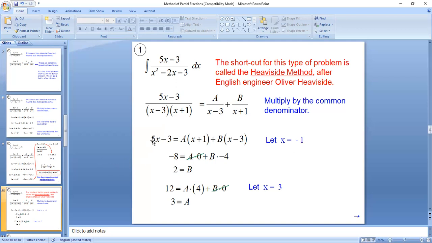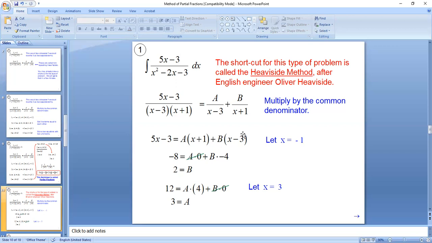So correspondingly, you place here 5 times negative 1 is negative 5 minus 3, that's negative 8. Of course, this will be 0. Negative 1 minus 3 is negative 4. So from here, you can solve right away b, which is equal to 2. Because now you have negative 8 equated to negative 4b. So b is 2.